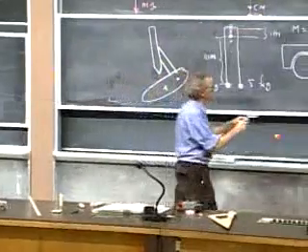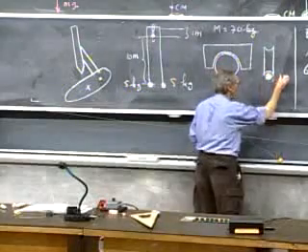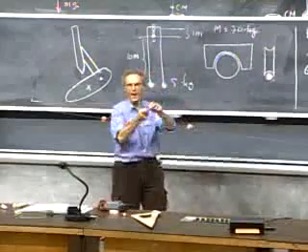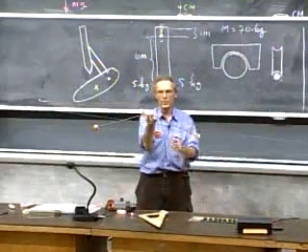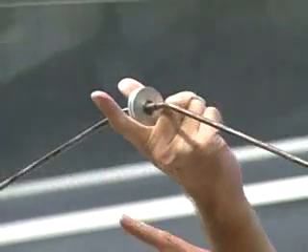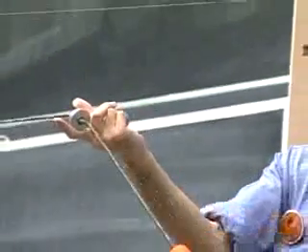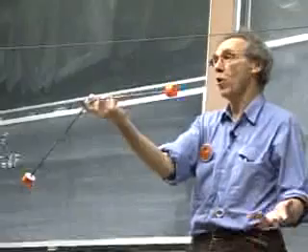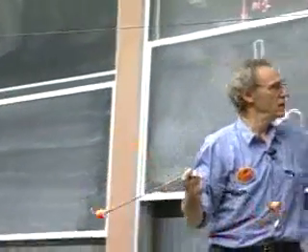The only reason we need this groove in the wheel is to prevent it from sliding to the side, as we need it for this person. But the center of mass, if you see it when I balance it on my finger, is way below the suspension point because of these weights on both sides. The center of mass is somewhere here, so it is completely stable. You can even go like this, no problem. This is what the rope walker can do, provided it doesn't slide off. That's why we have this.